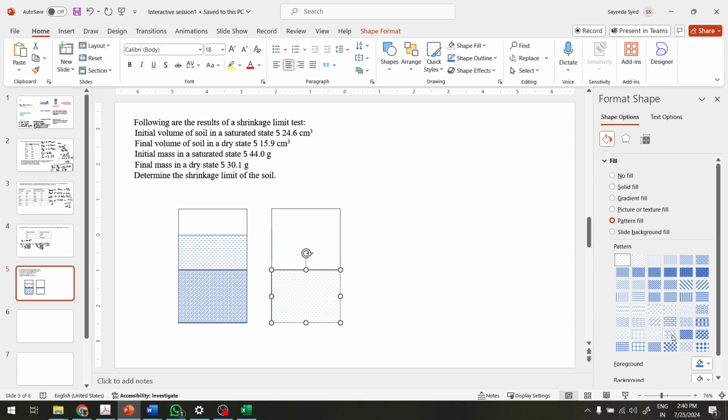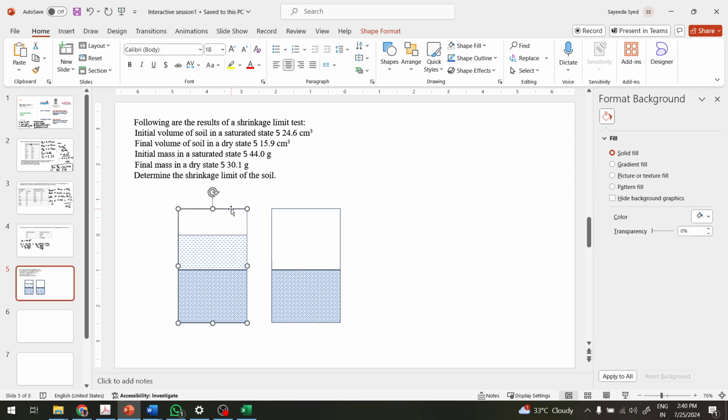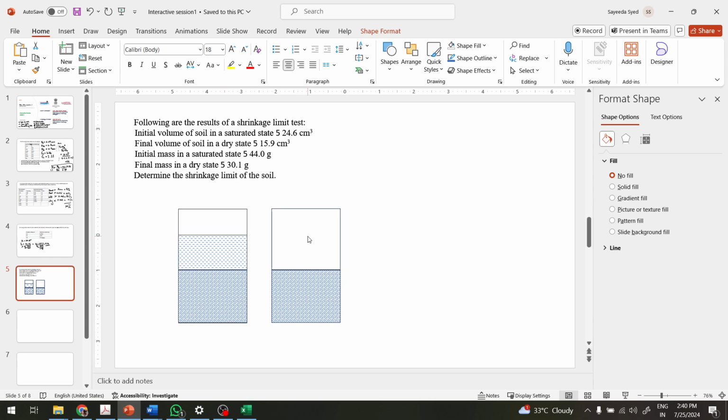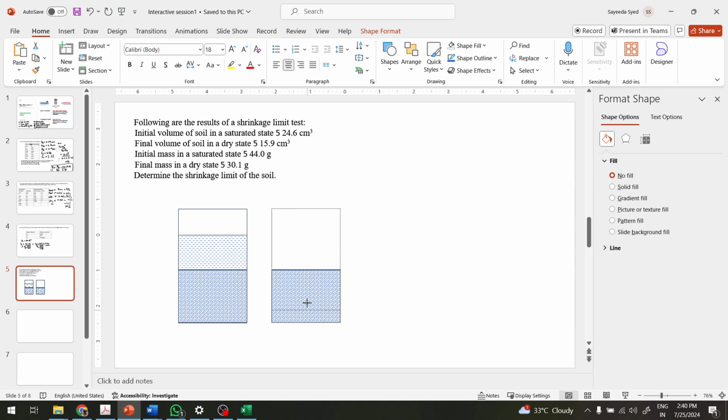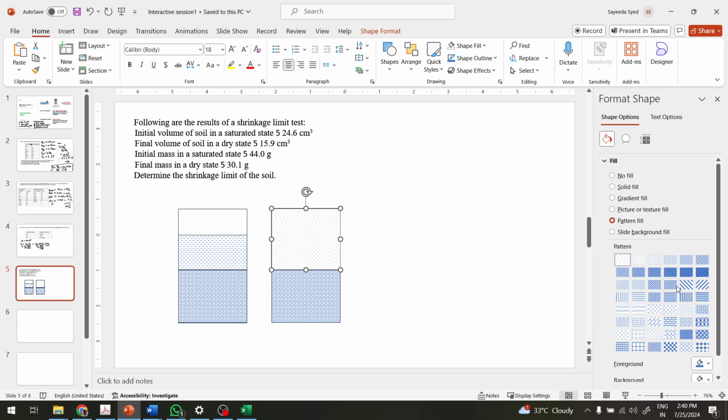This will be our air. Let me denote air like this.